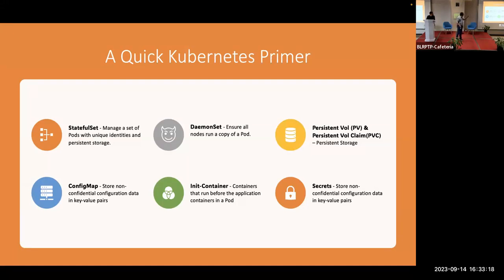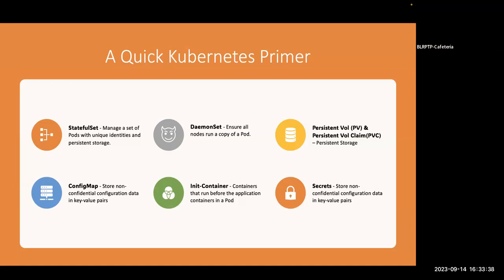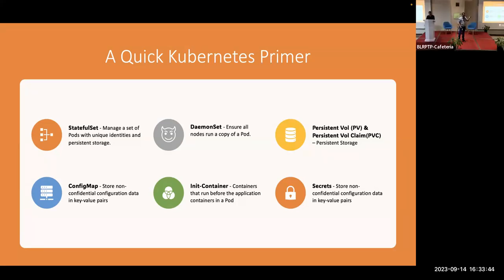Init container. Now this might be a new concept for some of the folks. What happens when we deploy a pod? Inside a pod, you will always get an application container deployed using the image. Now what if that particular container has a prerequisite, that some service should be up before the application comes up, or some configuration should already be present?